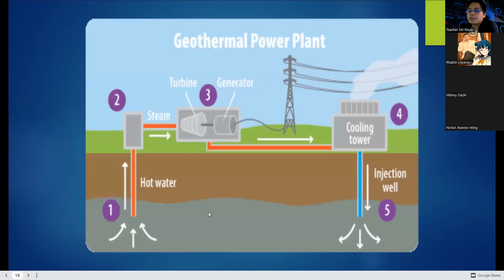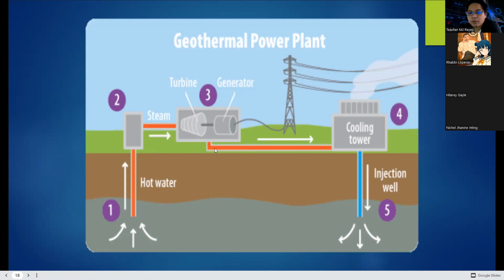So this is now the layout. Okay, from the hot water reservoir, this is the hot source. It is actually pumped to create steam. The steam now powers the turbine, which is connected to a generator, and the generator will supply current in some places.